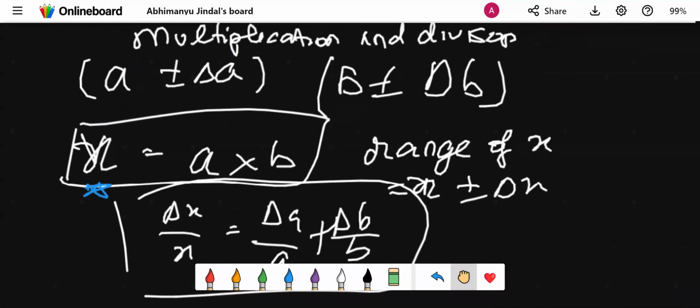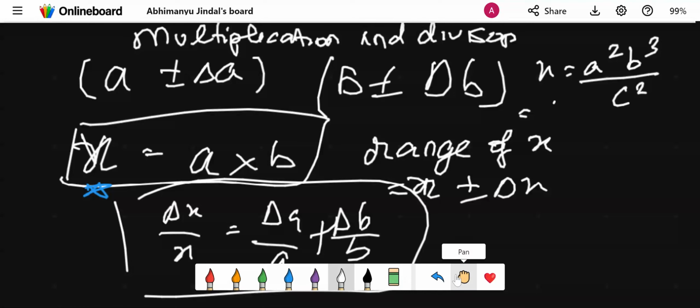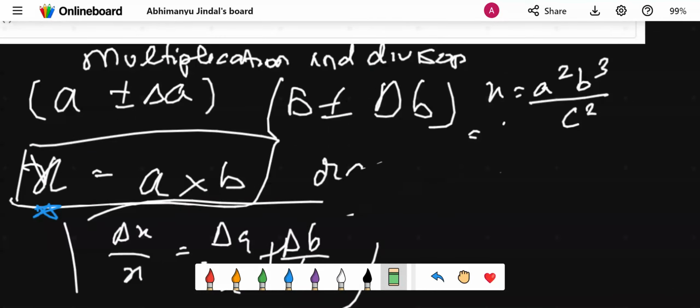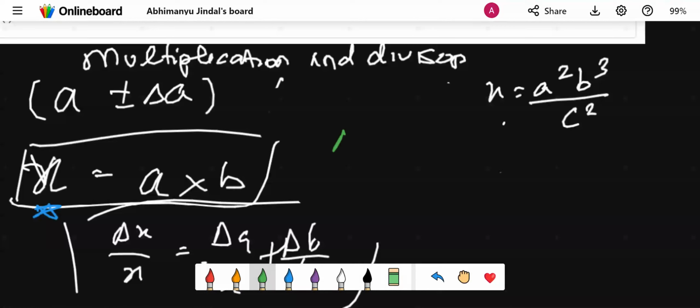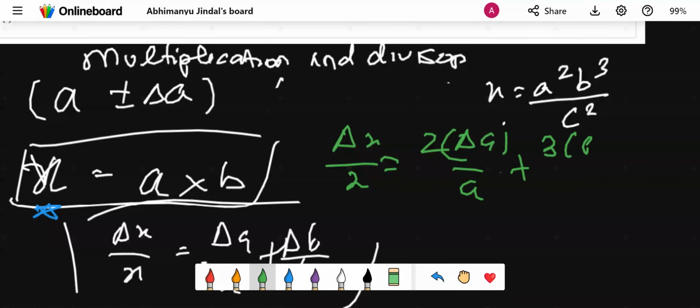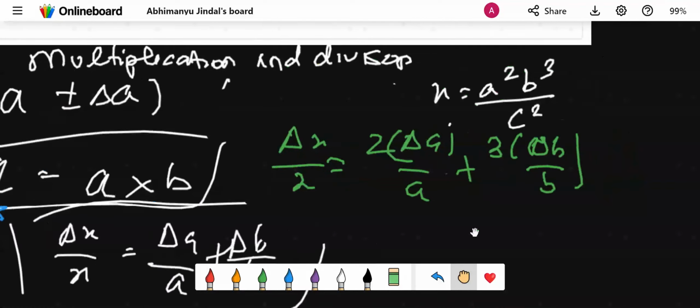Even if it's division, just do the same thing. And one more thing. If there's power, let's say x equals a square b cubed by c square, then what you do is you say delta x by x equals 2 times delta a by a plus 3 times delta b by b, plus the same way 2 times delta c by c.